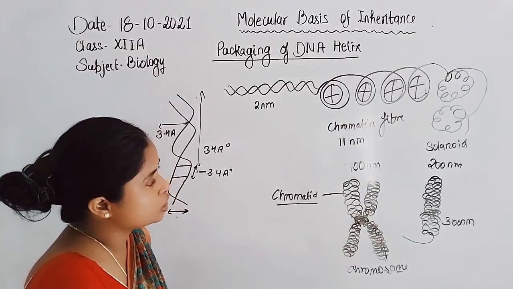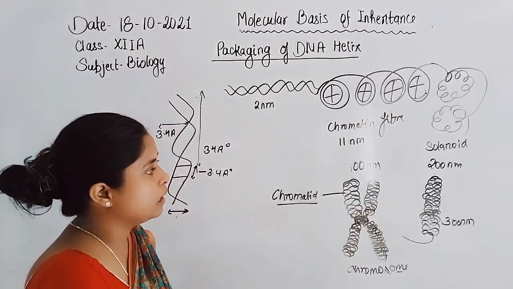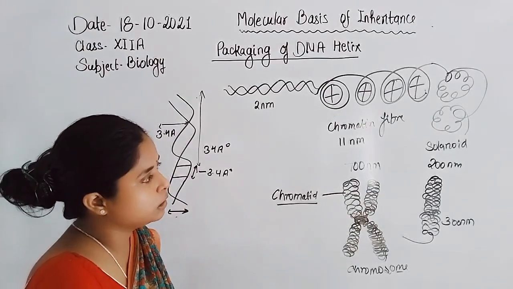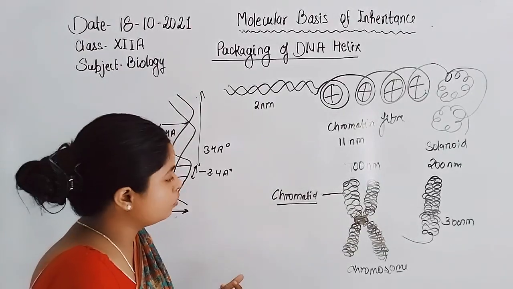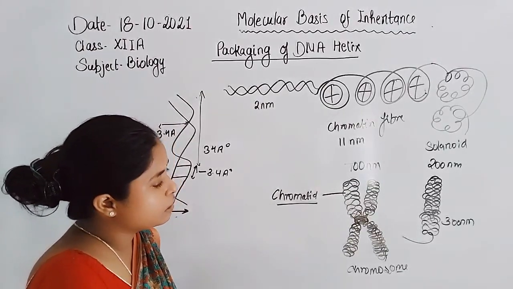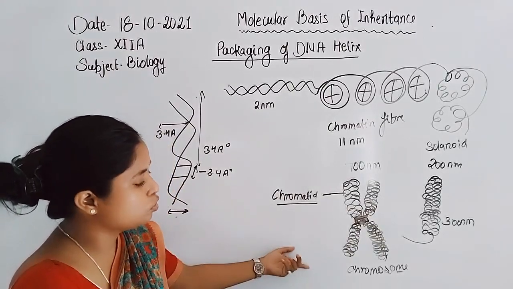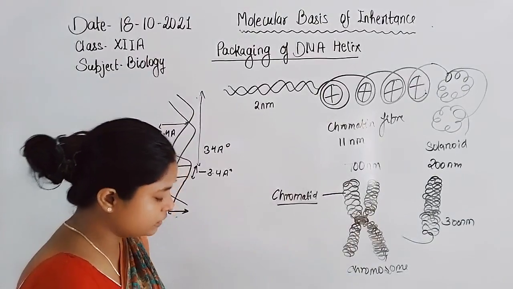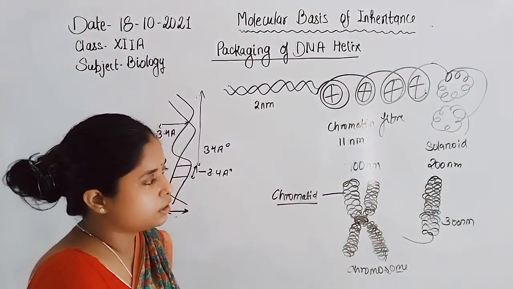The nucleosome diameter is about 11 nanometer, then it undergoes supercoiling and forms the coil of DNA to form 200 nanometer in diameter. That converts into 300, and overall that converts into the chromosome, and the diameter of chromosome is 700 nanometer.